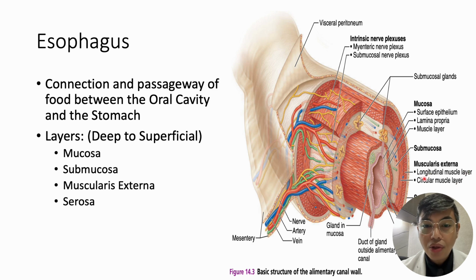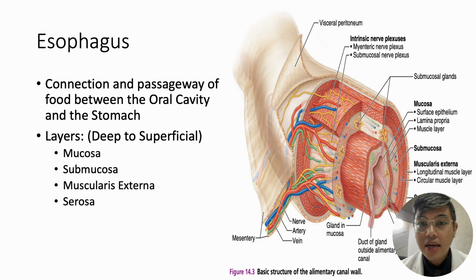You have the longitudinal muscle layer and the circular muscle layer. And makikita ninyo that your submucosa is highly innervated. Ito ang nag-generate para gumalaw ang iyong muscularis externa.